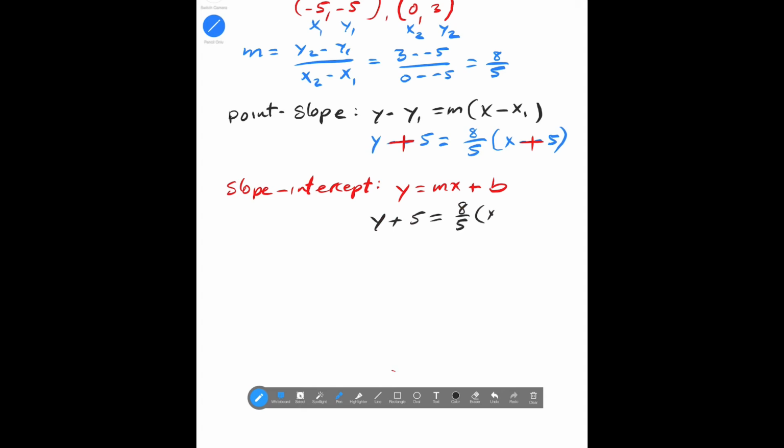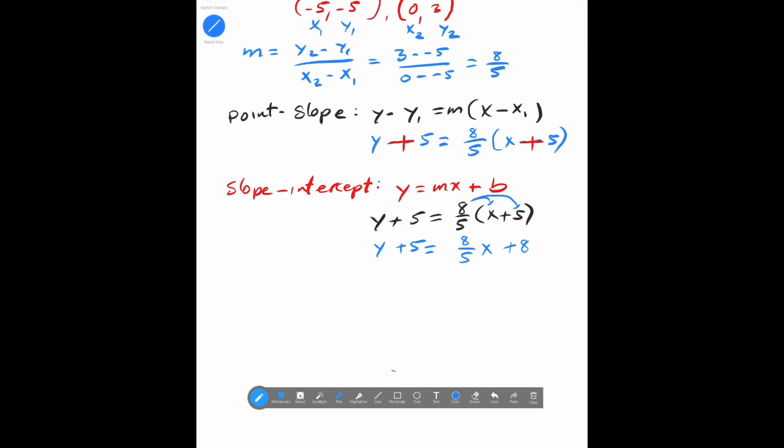Y plus 5 equals 8 over 5 x plus 5. And then you are going to solve for y. 8 over 5 times x is 8 over 5x. 8 over 5 times 5 is 8.